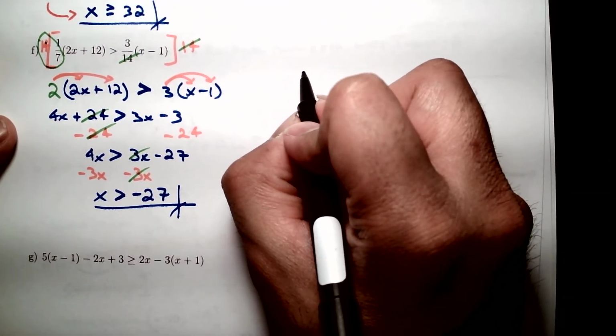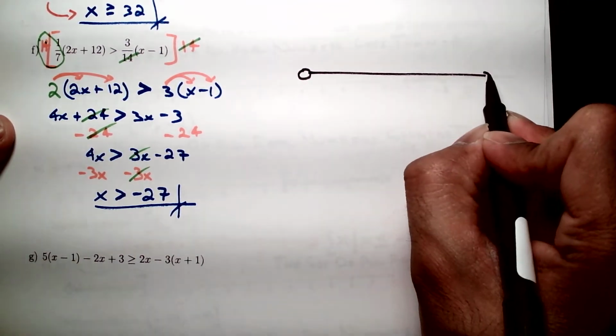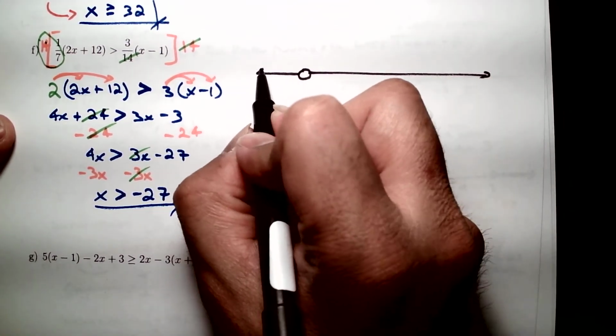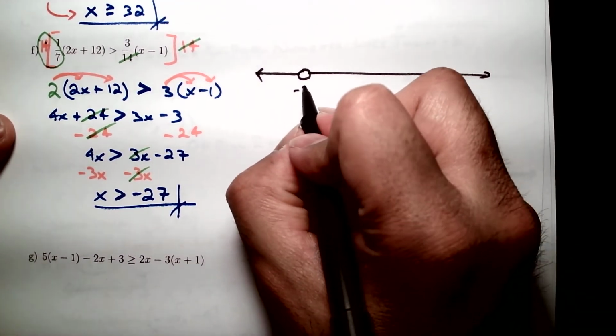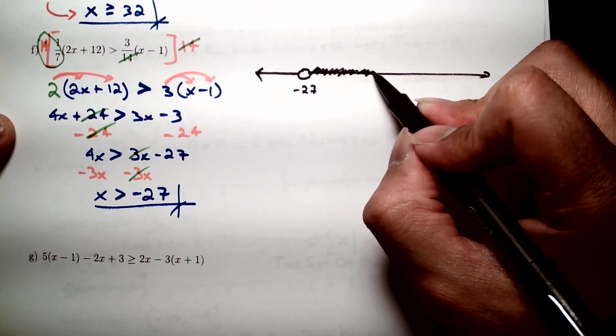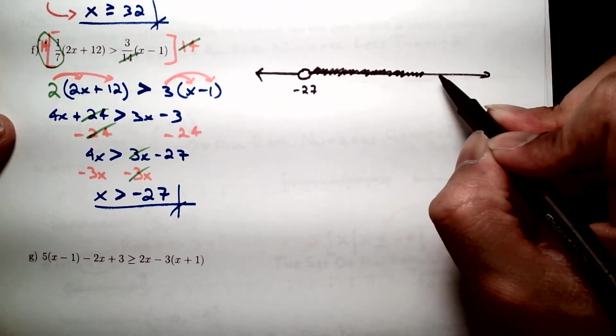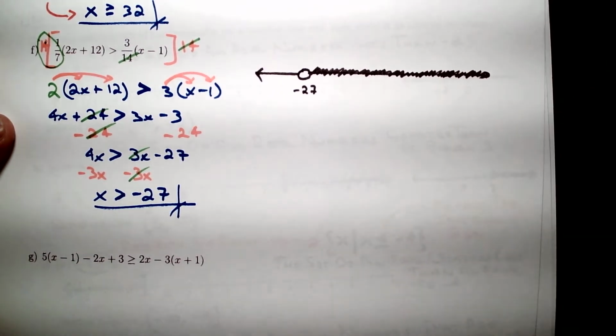So I'm going to have only an open bubble, an open circle. And, well, it's greater than. I'm going to shade towards the right of it. All right.